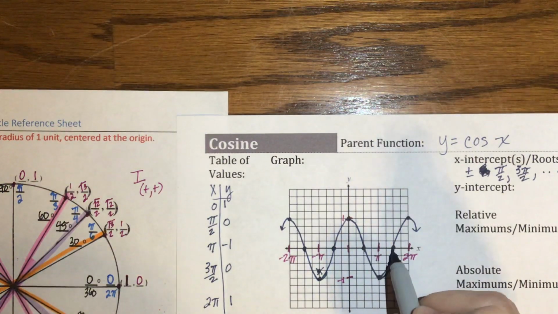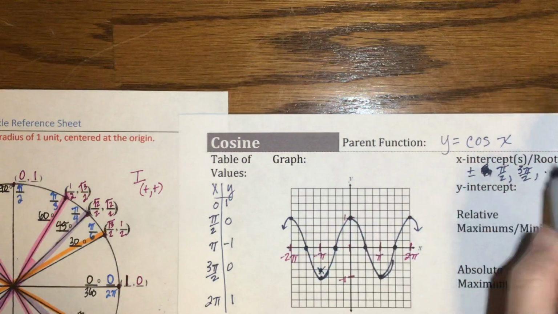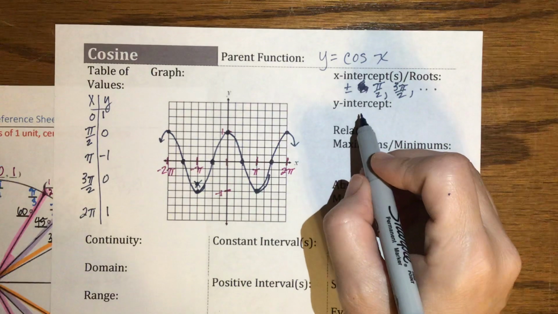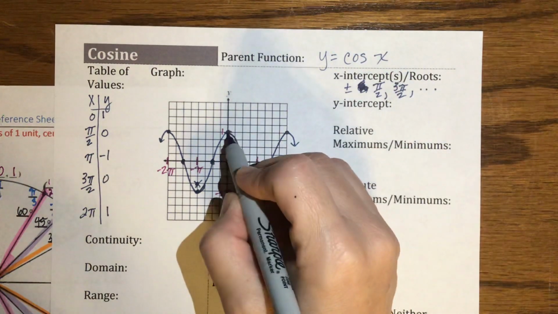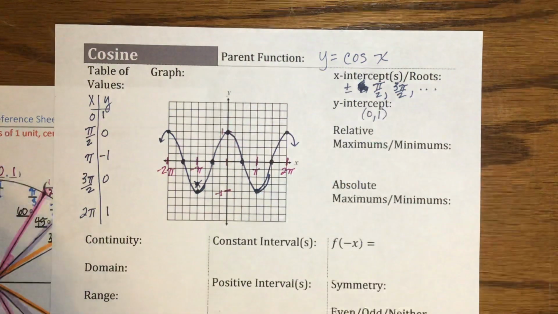So pi over 2, 3 pi over 2, negative pi over 2, negative 3 pi over 2. The intercepts are going to happen at the odd multiples of pi over 2. The y-intercept is going to be 0, 1, because I'm starting at 1.